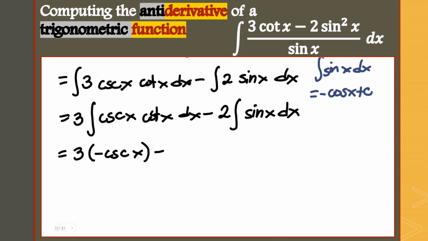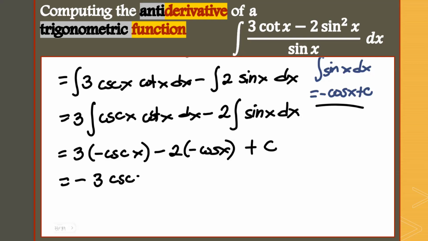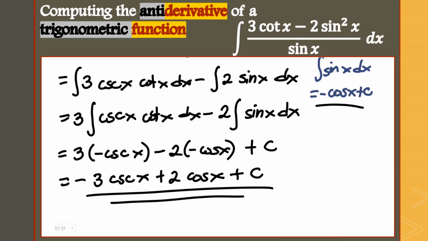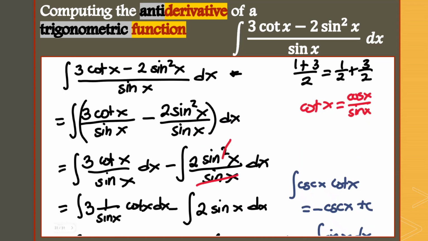Then the second term, you have minus 2 times negative cosine x, and this time let us have here plus c, which comprises the c for both integrals. So this is negative 3 cosecant x. Negative times negative is plus 2 cosine x plus c. This is the result. This is the antiderivative of the given function earlier, which needed a lot of these processes together with some concepts in basic trigonometry.